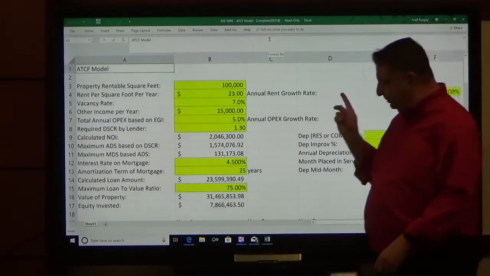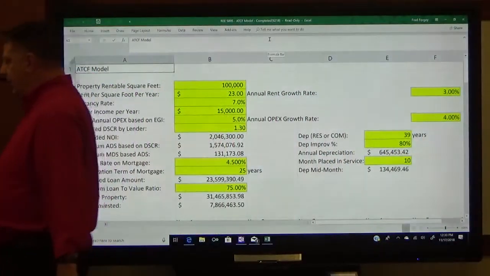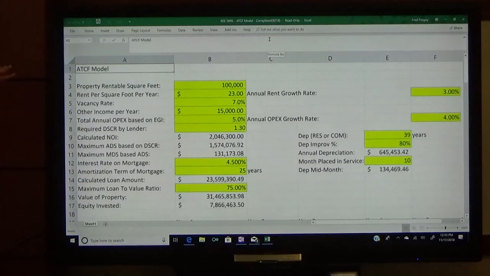So in this model, going back to the whole thing, the yellow cells are the input cells, and the remaining cells are pretty much the output cells.